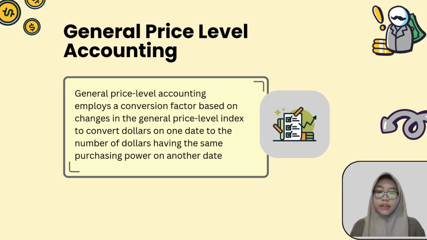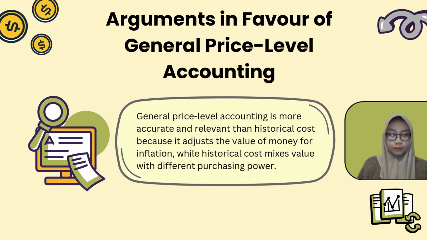As a result, financial statements prepared under historical cost may misrepresent the real economic value of assets, liabilities, income, and expenses over time. To address this, GPLA converts all monetary amounts to constant dollars that have the same purchasing power as money at a chosen base date.